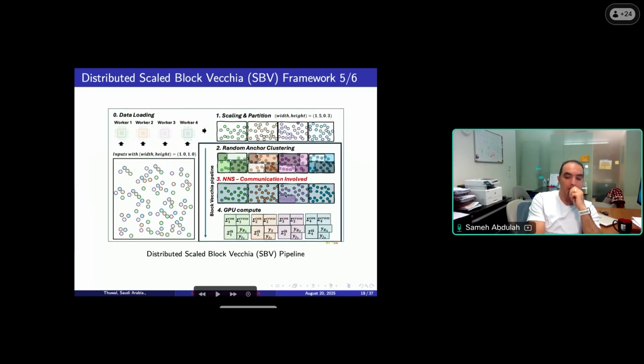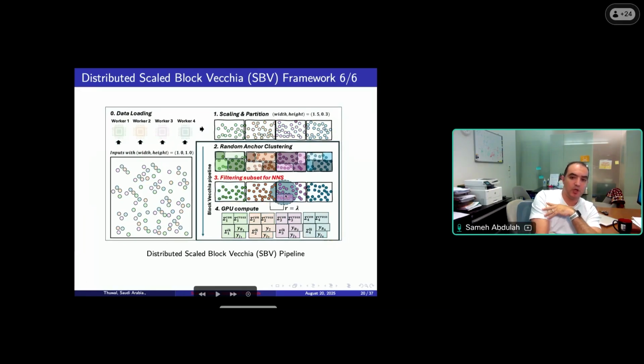Once you have your nearest neighbor for each block, you can start doing the GPU computing, batch computing. Now, I will do this for each GPU, or each CPU, depending on the worker that you have. So, okay, this is totally independent. Yes, but your problem will start now.